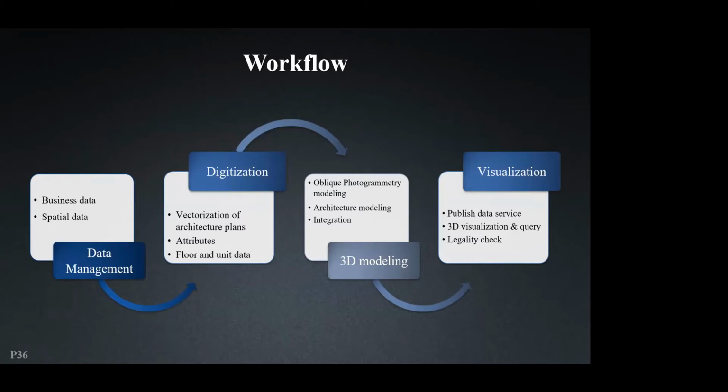And after that, we can also access the 3D models into SuperMap products, such as oblique photography, photogrammetry modeling, architecture modeling, and other models. Later, I will introduce the models we support in our product, and after that, we can achieve the visualization of the result.